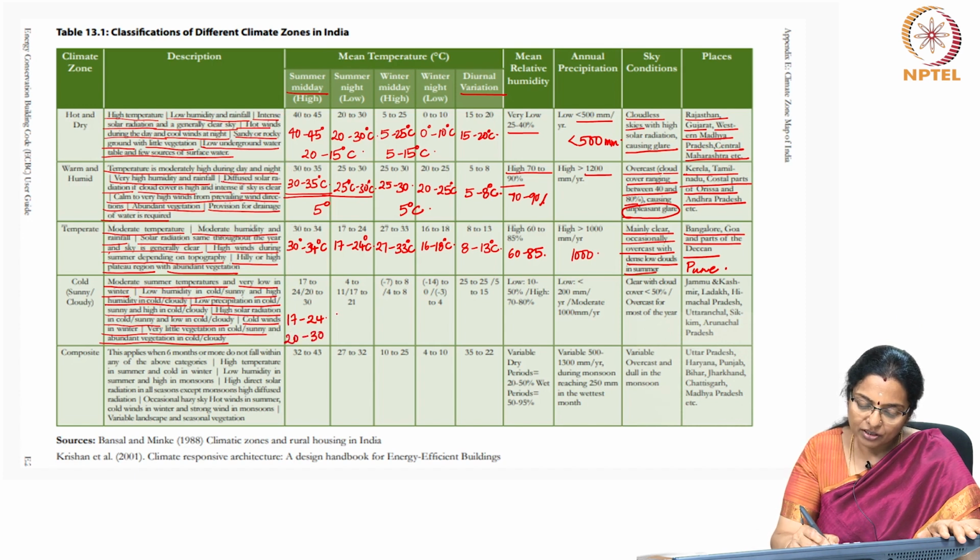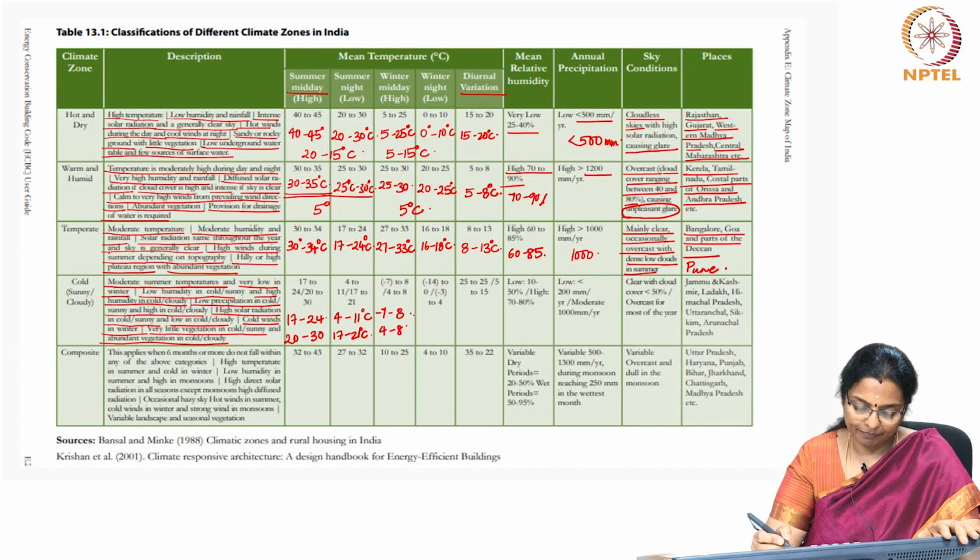Mean night temperature in cold and sunny is between 4 to 11 degrees centigrade and 17 to 21 degrees centigrade in cold and cloudy. In cold and sunny, winter midday ranges between -7 to 8 and between 4 to 8 in cold and cloudy.